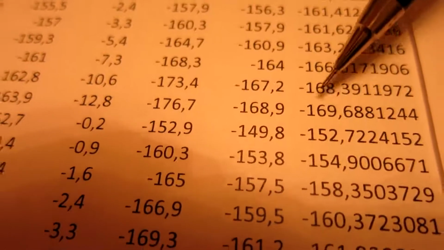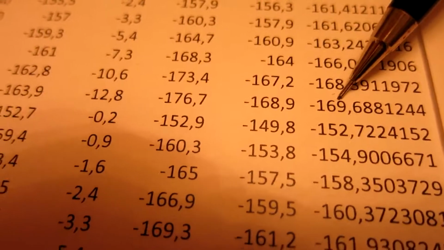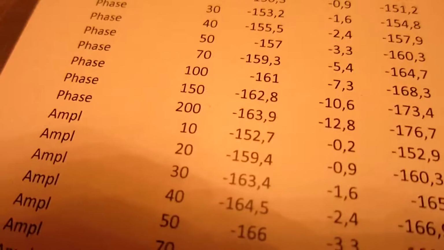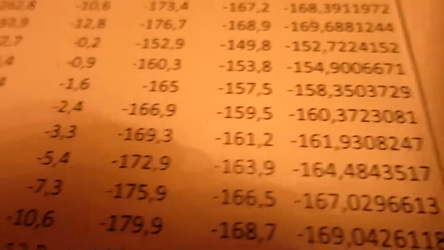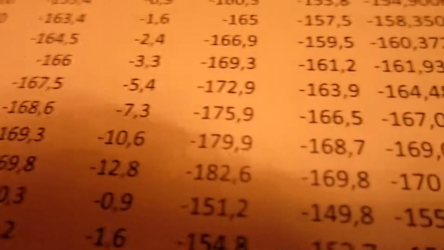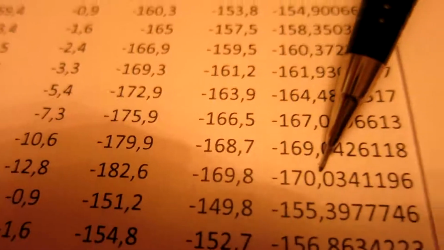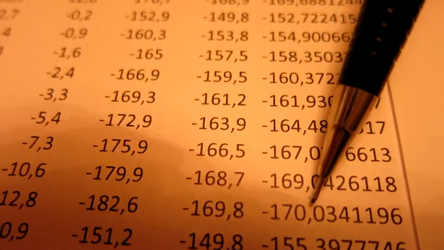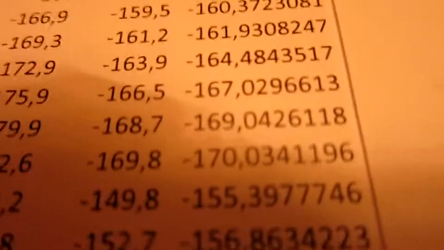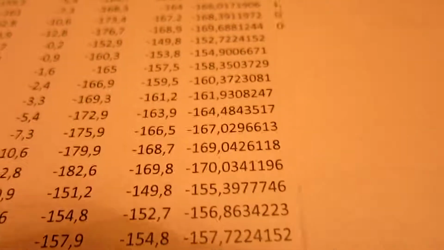And at the other end minus 169.7 at 200 Hz, and at 200 Hz for the AM noise, minus 170. That's also very similar.